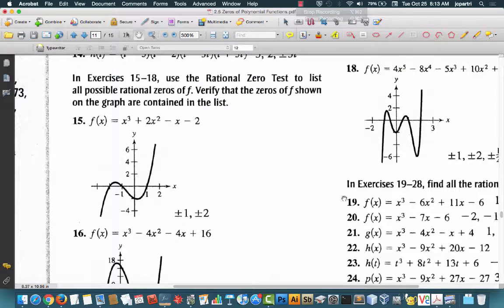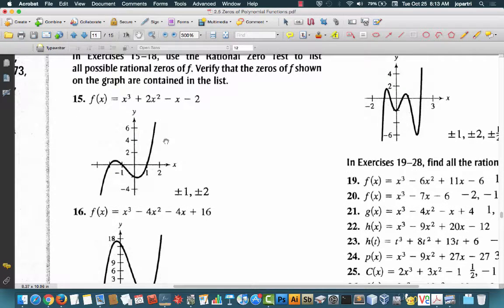Okay, here's number 15. Let's make sure we understand the instructions. In exercises 15 through 18, use the rational zeros test to list all possible rational zeros of f. Verify that the zeros of f shown on the graph are contained in the list. Let's look at the graph first. It looks like the zeros are 1, -1, and -2.